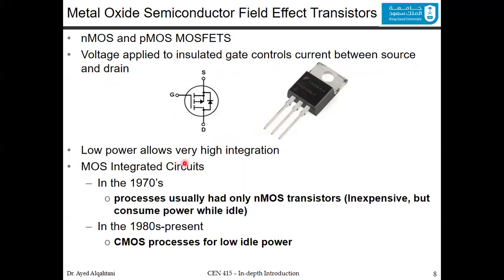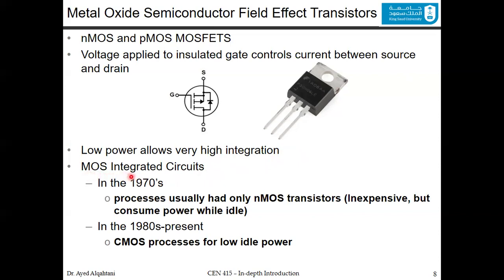The low power allows very high integration. So the goal is always to have low power consumption, which implies very high integration. There is also another very important goal, which is speed. Unfortunately, there is a trade-off between those two goals.